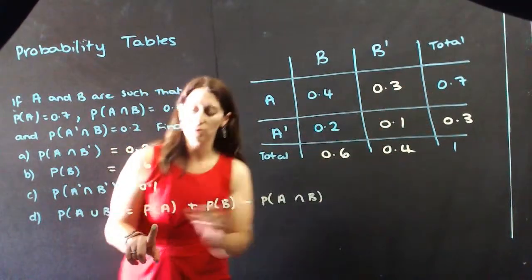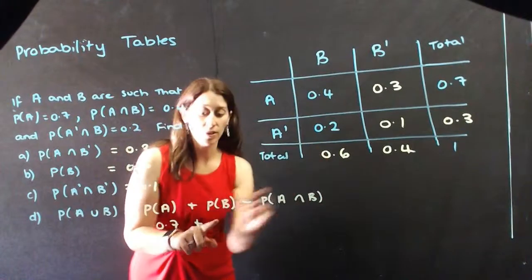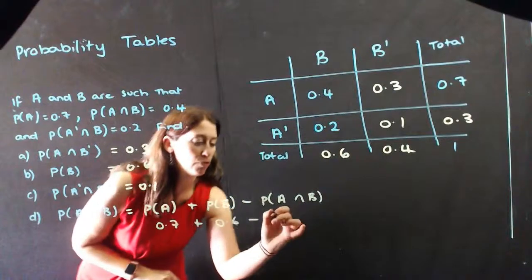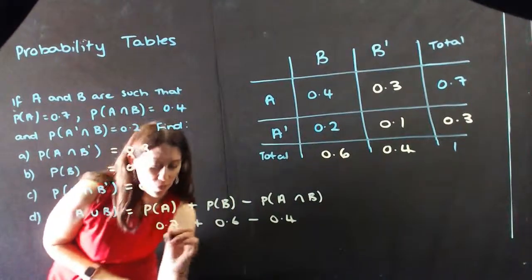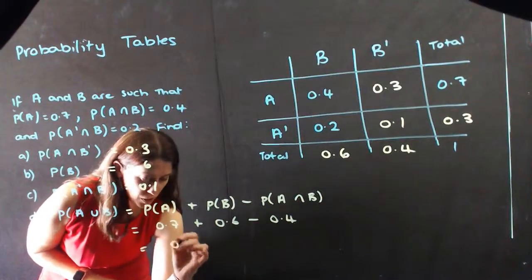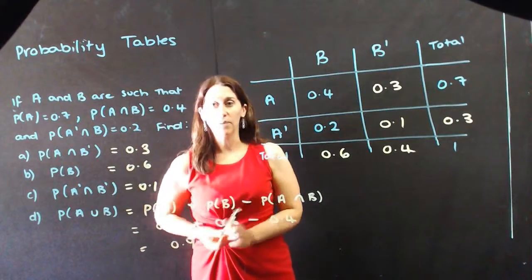Probability of A is 0.7, plus the probability of B is 0.6. Take away the intersection, which is 0.4, which works out to be 1.3. Take away the 0.4 is 0.9. And that is everything you need to know about probability tables.